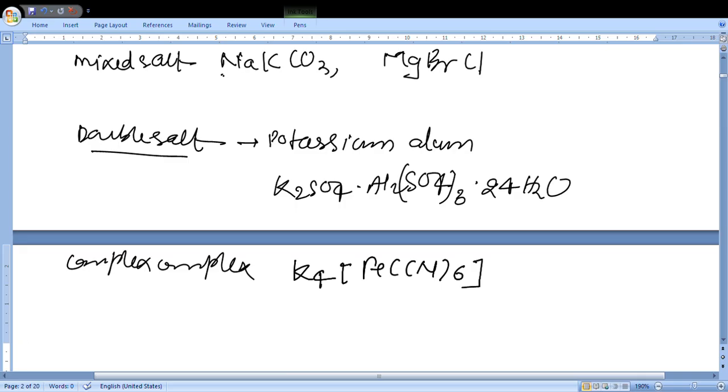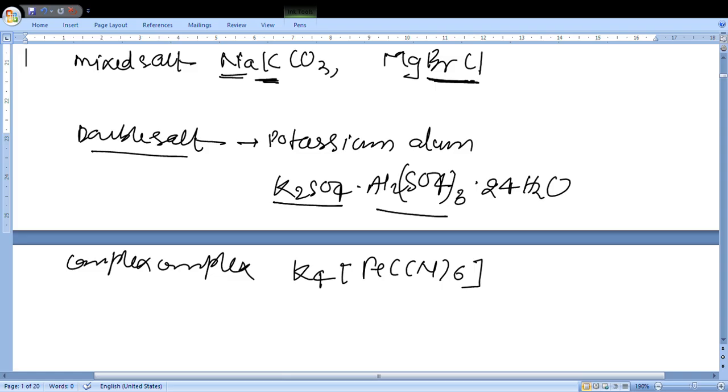See, two types of metallic ion and two different non-metallic ions. That's why it is a mixed salt. Potassium sulfate and aluminum sulfate both are what kind of salt? They are the normal salts, right?